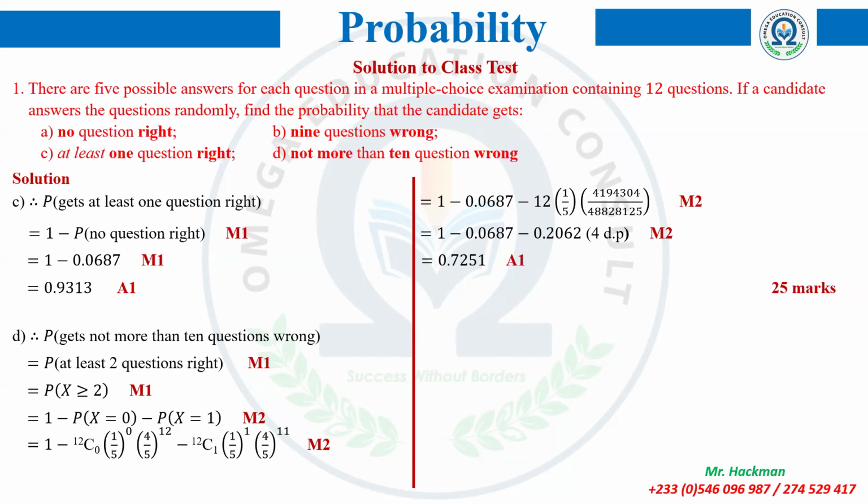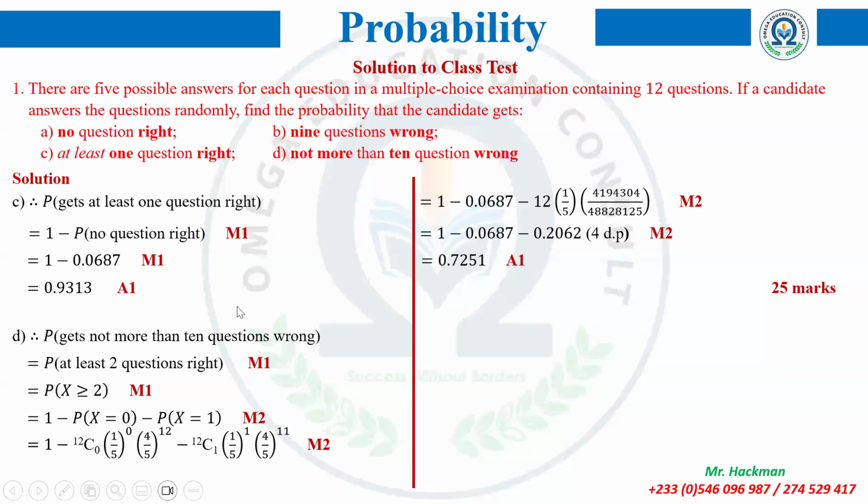Do you agree? Maybe it's a rhetorical question, because I've told you that you are not supposed to respond. Let me flow. P gets not more than 10 questions wrong.